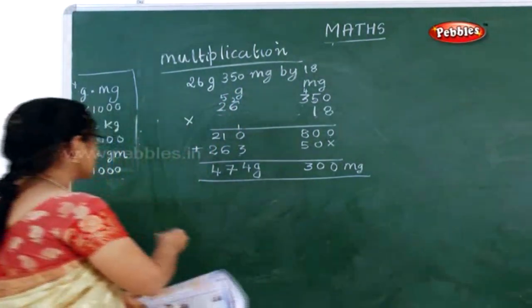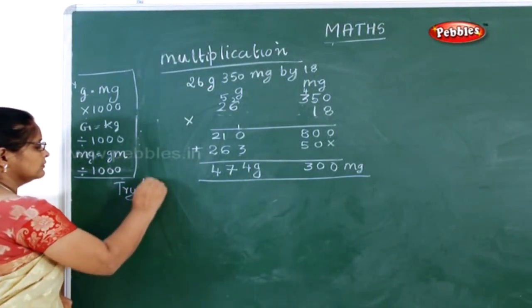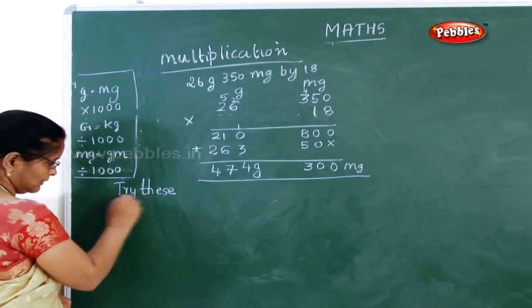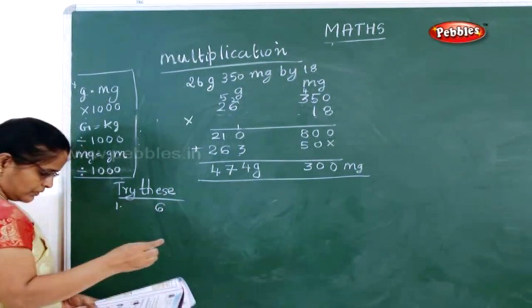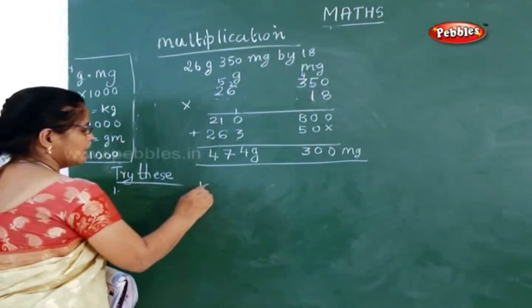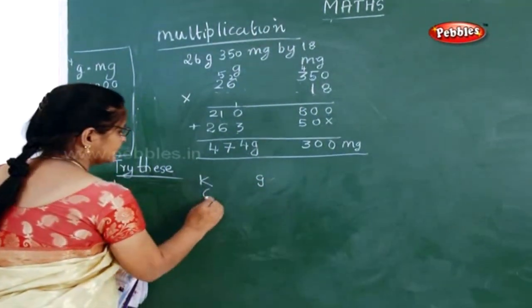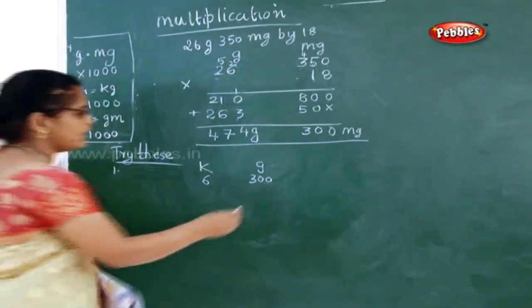Now in try this, it's given here. See, in try this, 6 kilo and 300 gram, kilogram, 6 kilo, 300 gram. Now with what you have to multiply? 3.